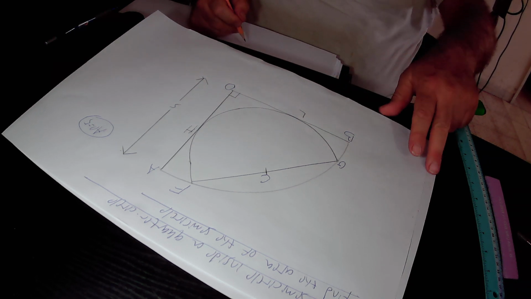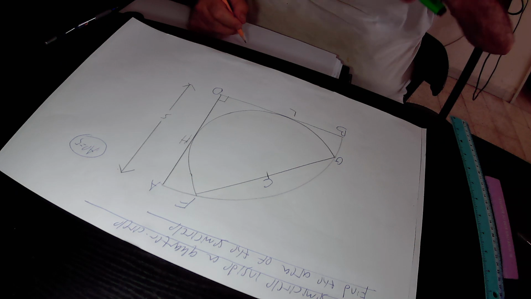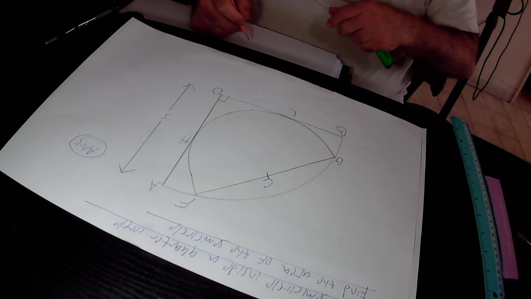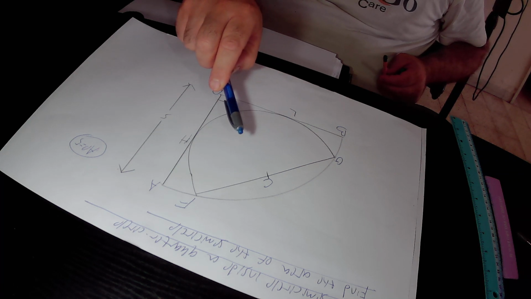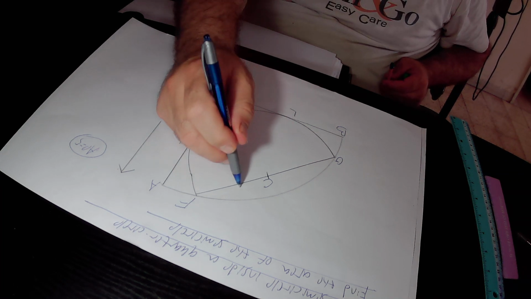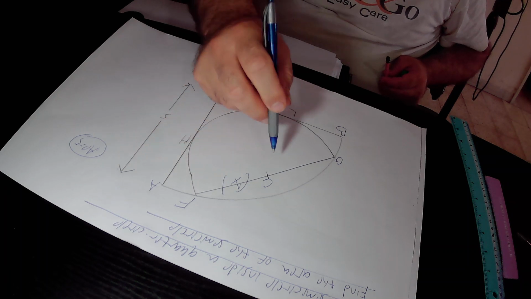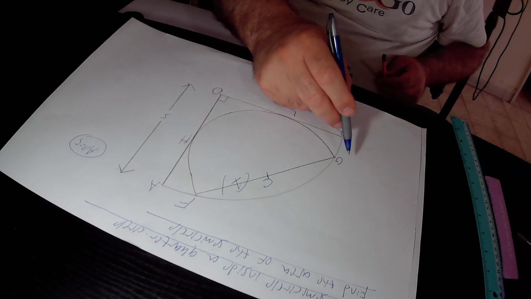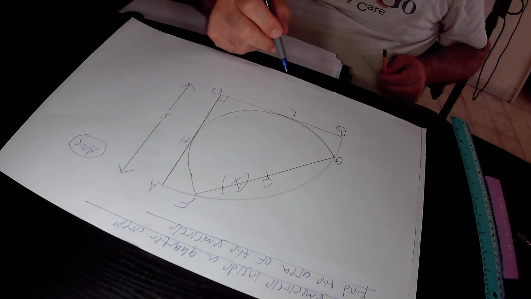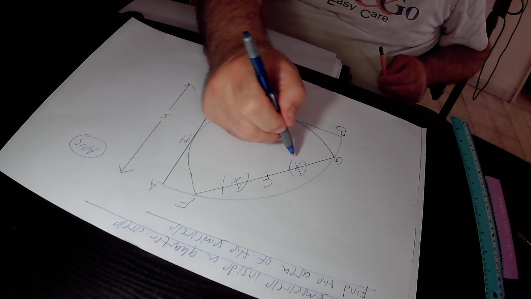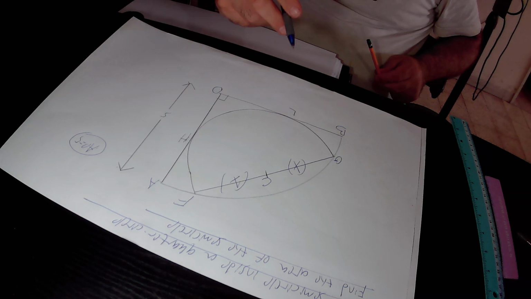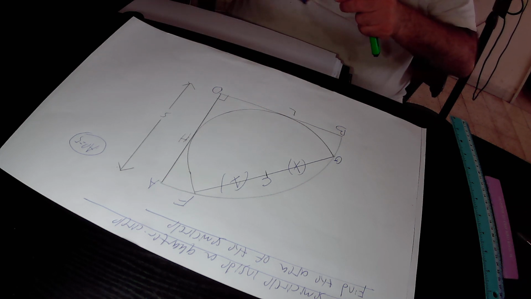In addition, we will define the radius of this semicircle as X. So CF, that is the radius of the semicircle, equals X, and the radius CG of this semicircle is also equal to X according to our definition. In the next step, we will join points C and L together by a straight line.